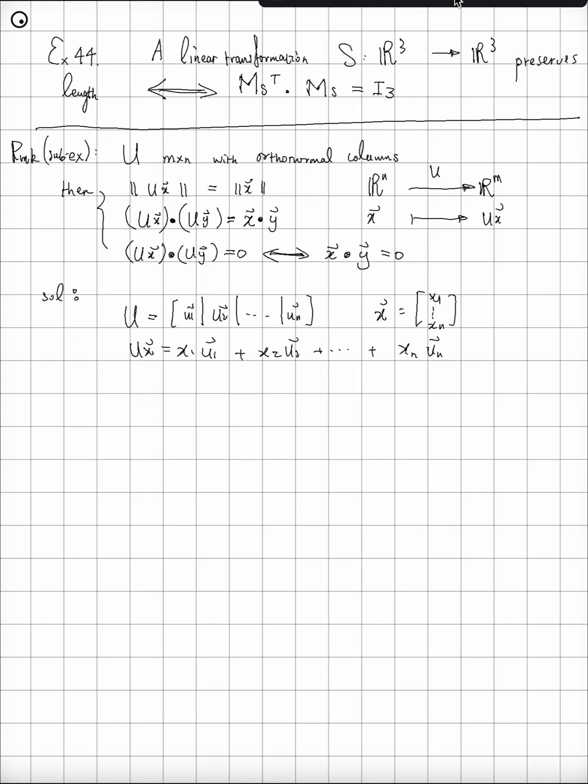And so the dot product with itself equals, because this is an orthonormal basis, what is left is only, finally, obviously, the sum of xi squared. And in particular, this implies, taking the square root on both sides, they have the same norm, right?